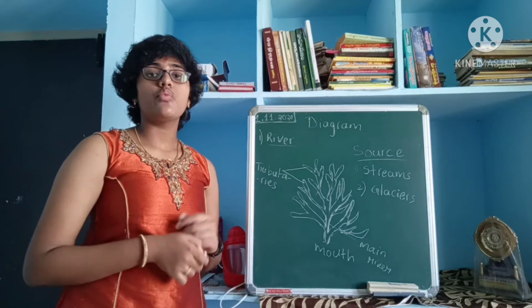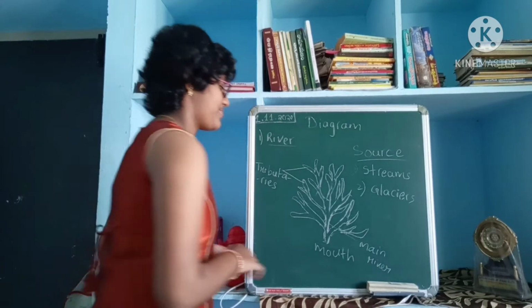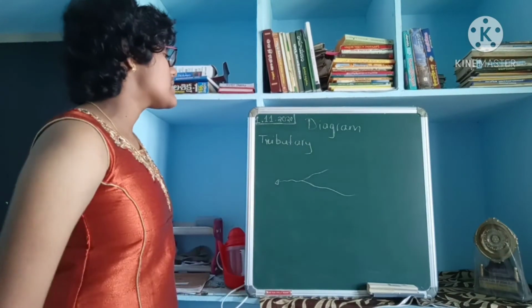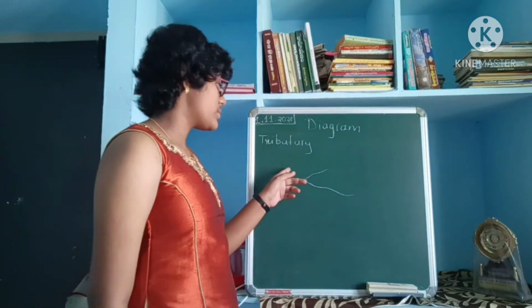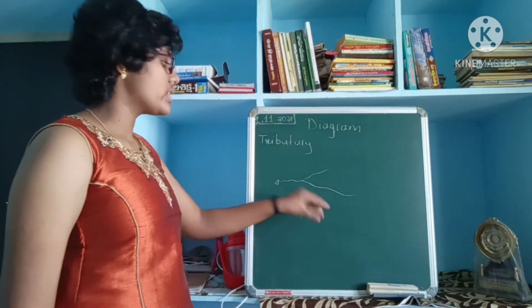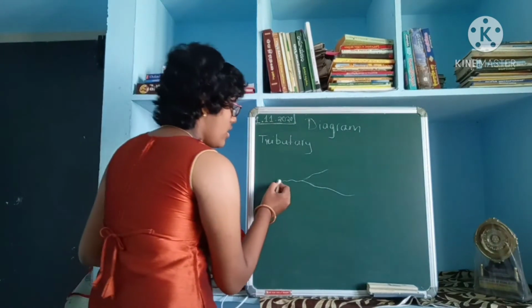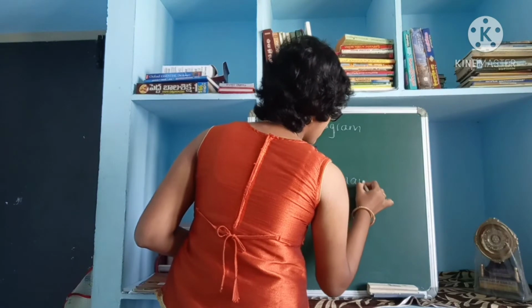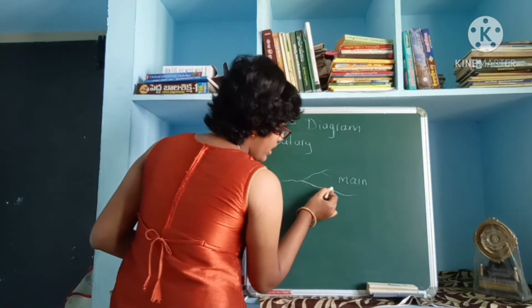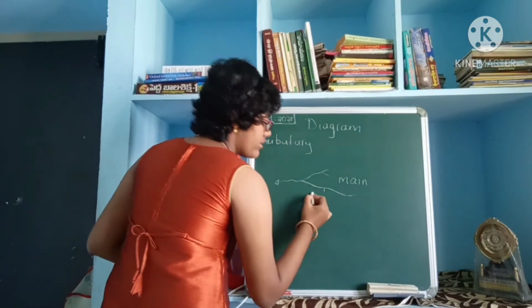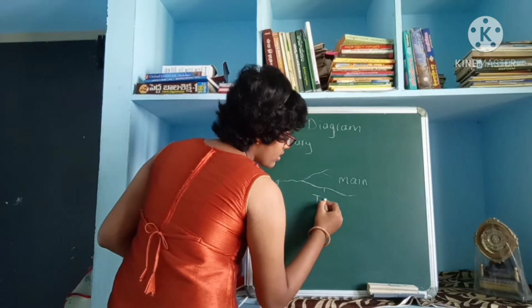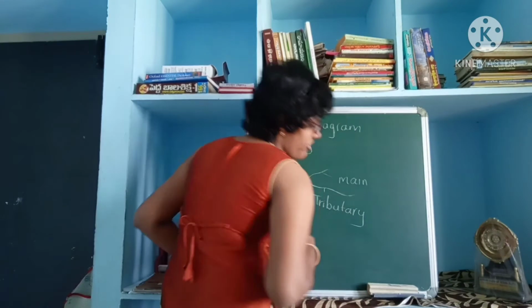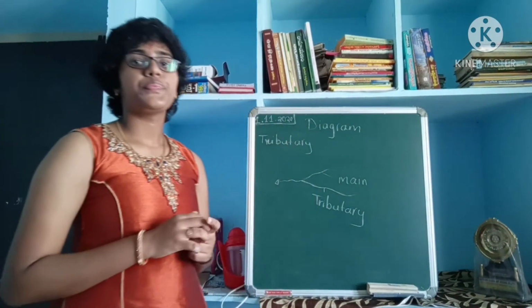Now we are going to learn what a tributary is. This is the second diagram, the diagram of the tributary. You can find a longer line, that is the main river, and the smaller one is known as a tributary.